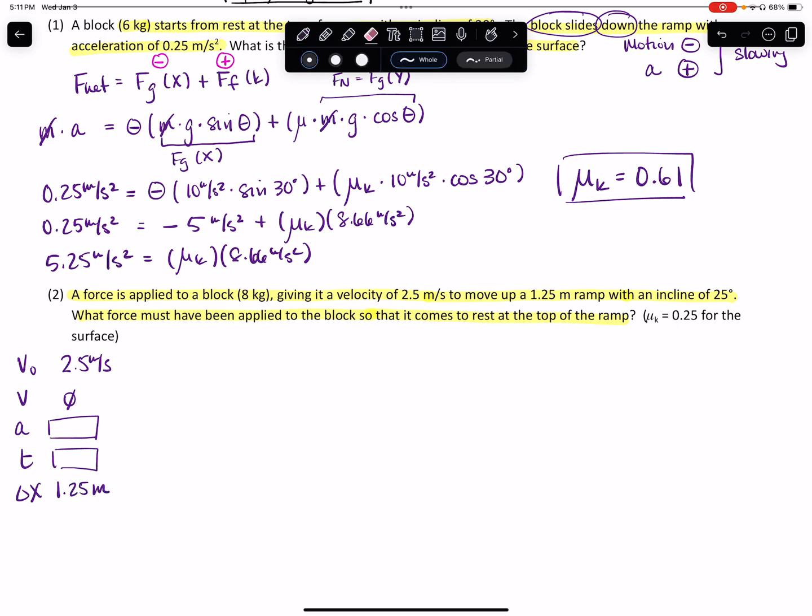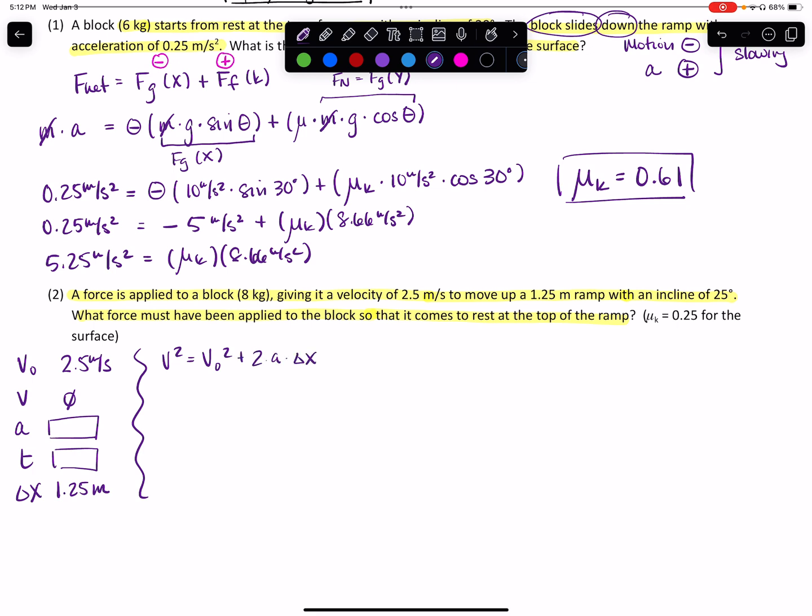The first thing to do is to figure out what the acceleration of the block was as it moved up that ramp, and I can do that with the information I've been given. I'm going to use v squared equals v initial squared plus 2 times a times change in position.